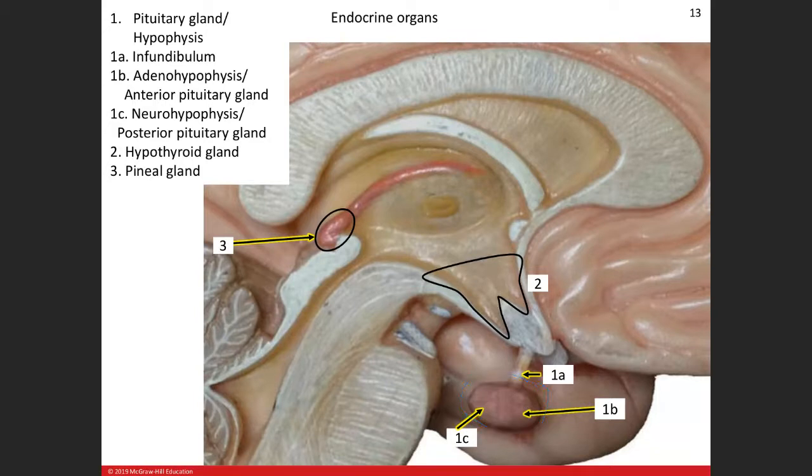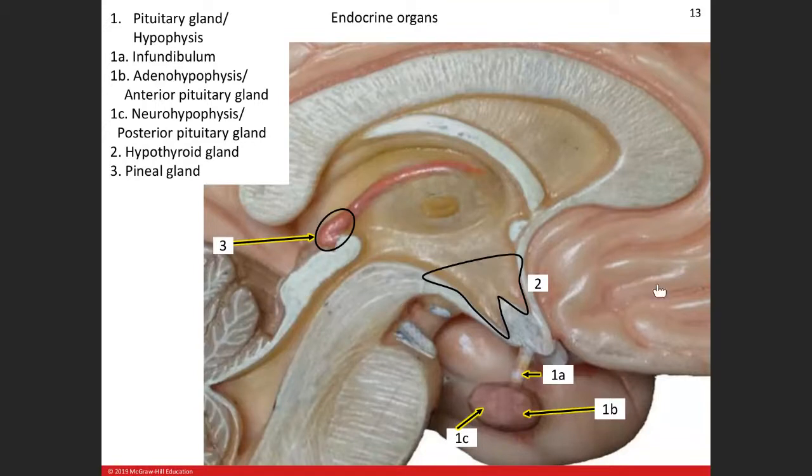Here's the infundibulum, 1A, hypothalamus, number 2, and way back here is the pineal gland, which, in case you forgot, is part of the epithalamus, and the epithalamus is part of your diencephalon.